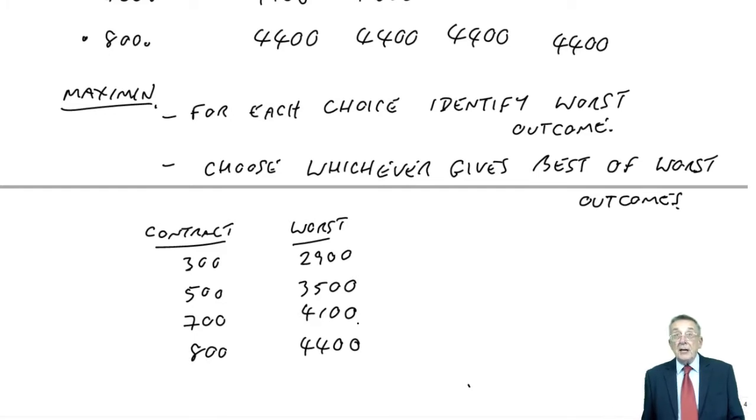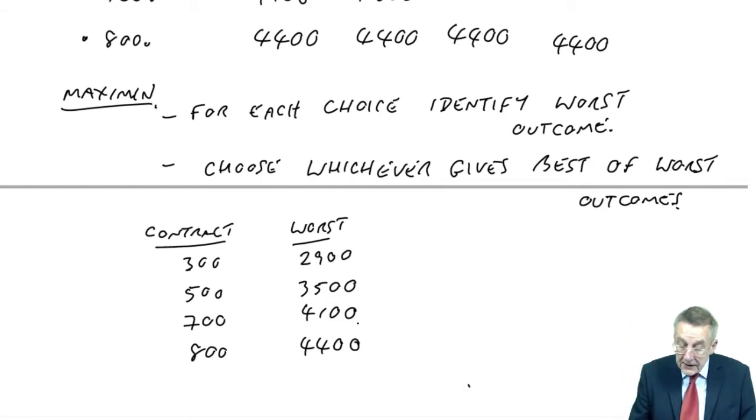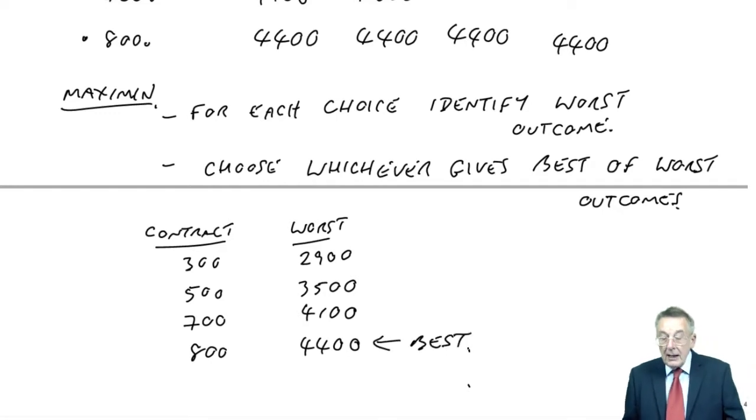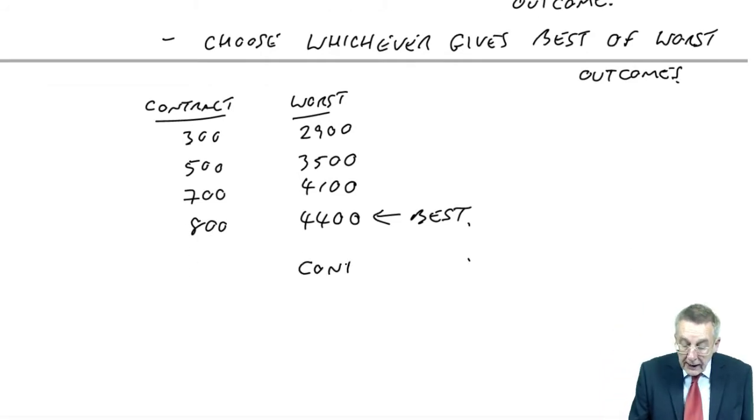So there's the worst that can happen in each case. And with a Maximin approach, we take whichever action gives the highest, the best of the worst outcomes. So the best of those, the highest, is 4,400. And therefore, the decision, we'd contract to sell 800.